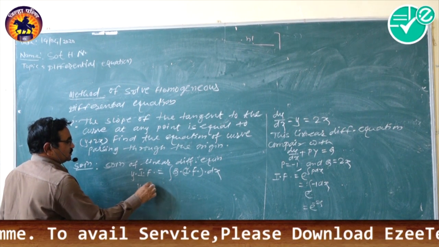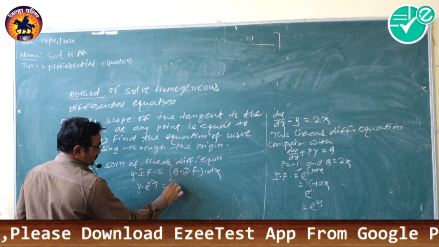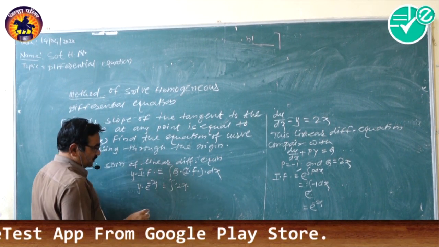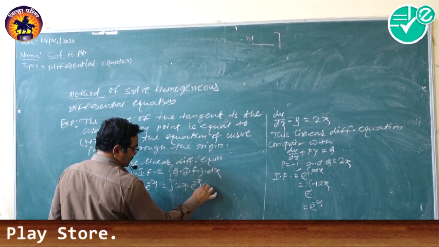So y into e raised to minus x is equal to integration of the value of q, 2x into e raised to minus x dx.